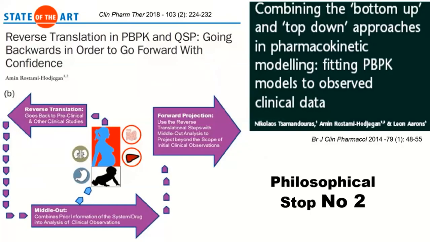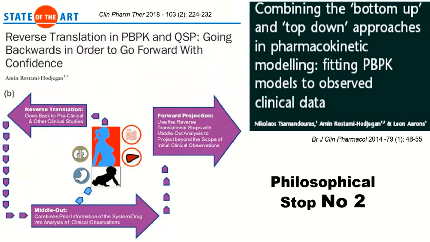Now, fast forward to 2018 with another paper in Clinical Pharmacology and Therapeutics, when I was asked to talk about the value of reverse translation and use of observed clinical data together with the PBPK and bottom-up approach.